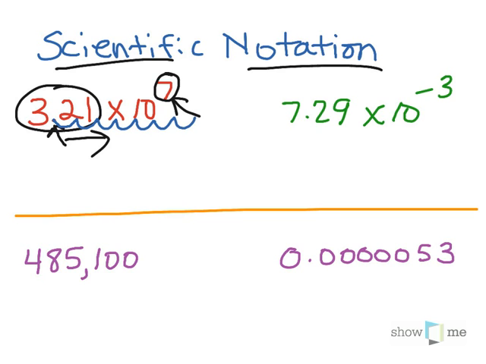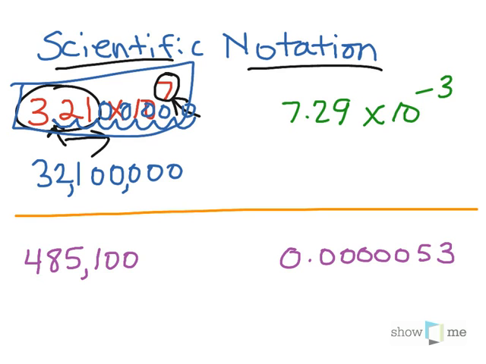Now I know I kind of went across this and there's other stuff in the way, but let's pretend that other stuff isn't there and put a 0 in everywhere we moved it. And what that leaves me with is 3, 2, 1, 0, 0, 0, 0, 0. I have 32,100,000. That's what this number represents, but it's written in scientific notation.